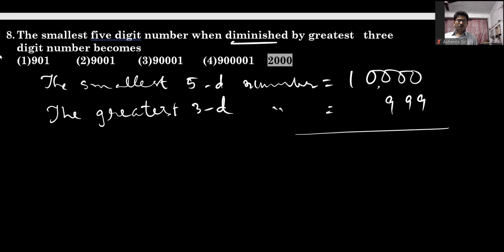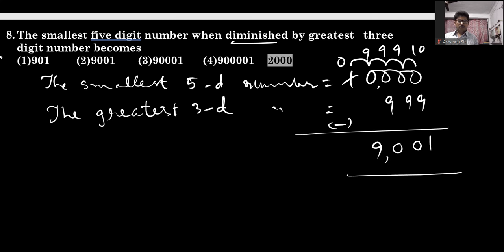Diminished means decreased. Decreased means we have to subtract. Not possible. We have to borrow from 1. Here 0, 9, 9, 9, 10. 9,001 when diminished. So option 2.